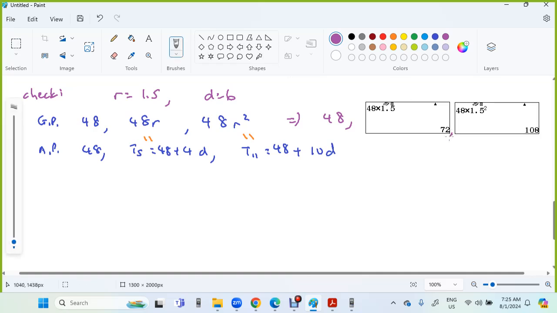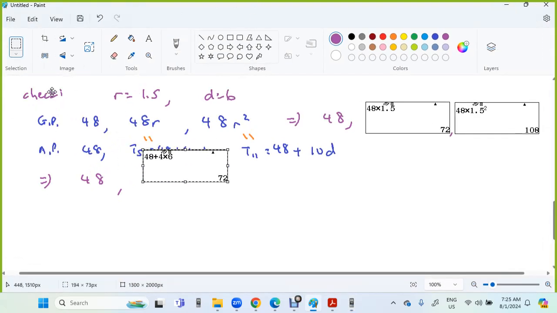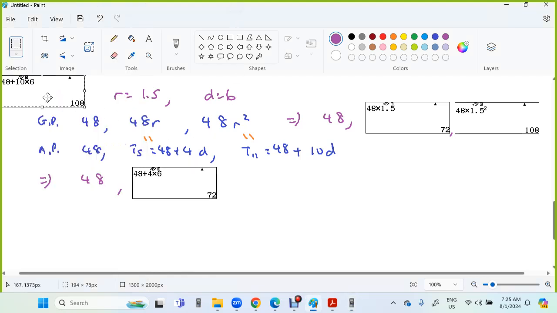Next, the AP is 48, and then 48 plus 4 times 6, which is 72, and then 48 plus 10 times 6 is 108. Yes.